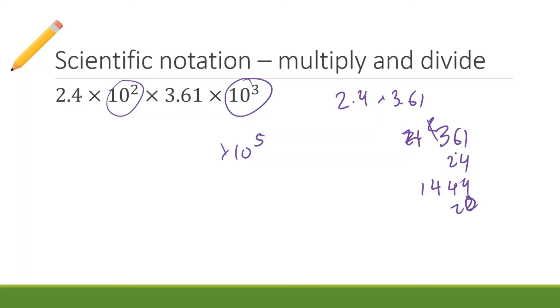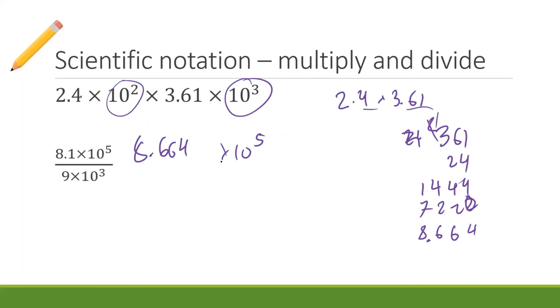So you get a 0 here. 2 times 1 is 2. 2 times 6 is 12. Carry the 1. 2 times 3 is 6. You add these up and get 8664. It's going to be 3 decimal places, so 8.664 times 10 to the power of 5. Done. You can do this.